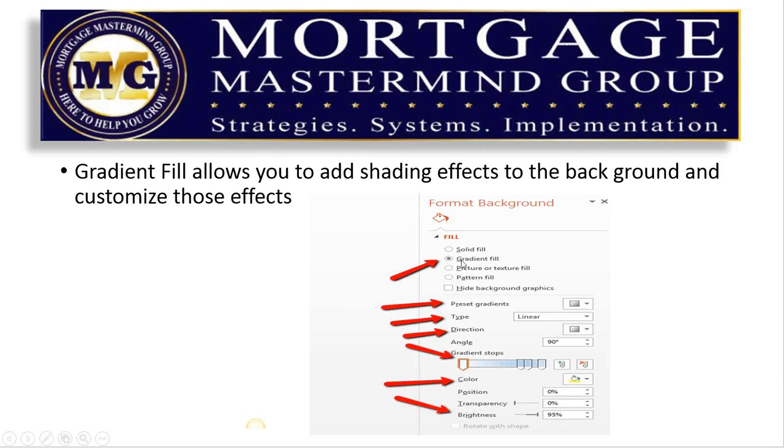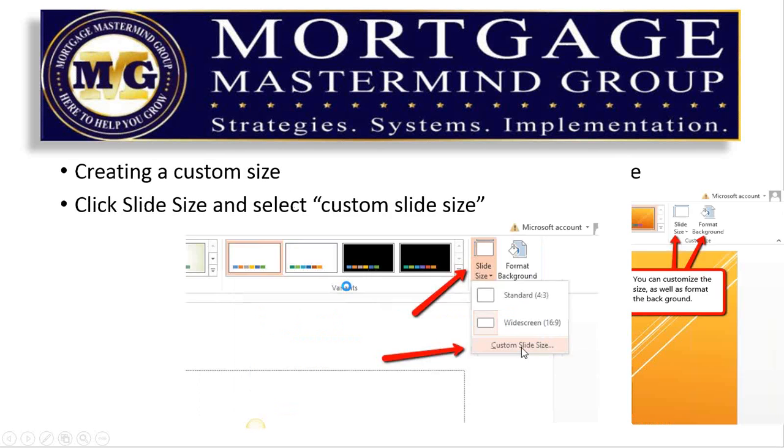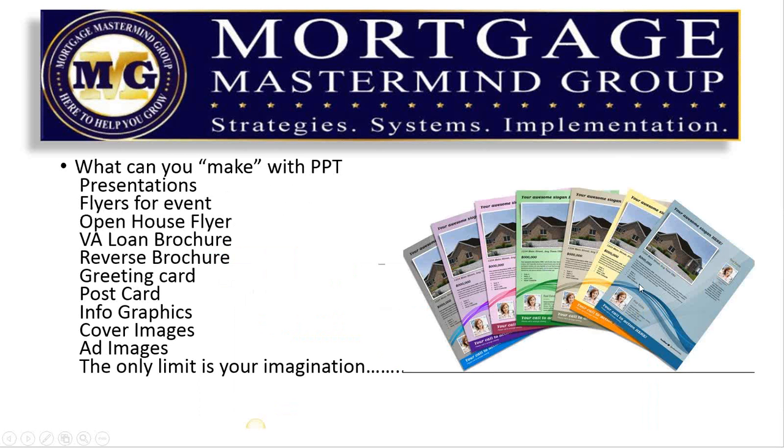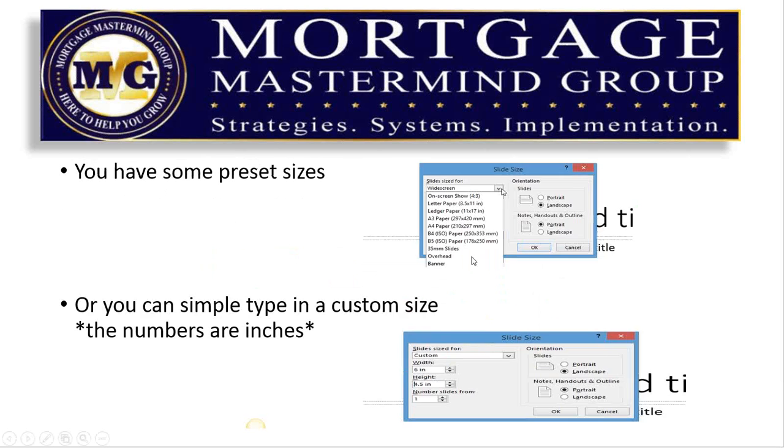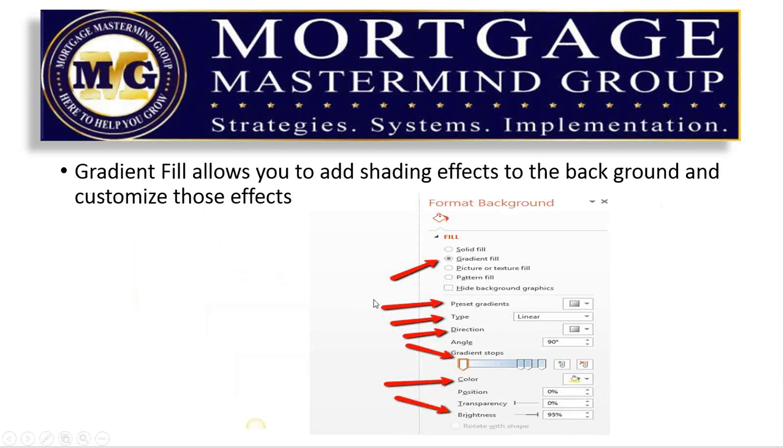I don't use that often, but that's a great one if you're doing a flyer like the one we showed in the beginning. See these different shades of green? That's a gradient fill in addition to striping added to it. So there are a couple of different elements added to that particular slide, but that's what gradient fill looks like.